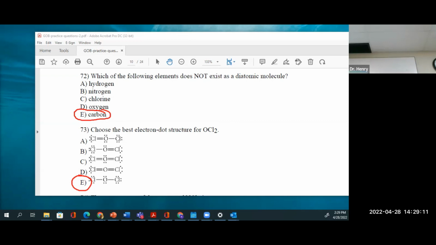So why would it be wrong? Who likes to be in the middle? It should be the one that has the least electronegativity. Chlorine is less electronegative than oxygen. Oxygen has a stronger electronegativity than chlorine. So the chlorine actually would be in the middle in this case. But of the choices that were given to you, that would be your best choice. And also, chlorine likes to have single bonds. It doesn't like to form double bonds.